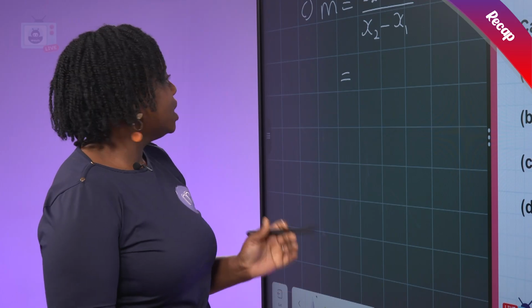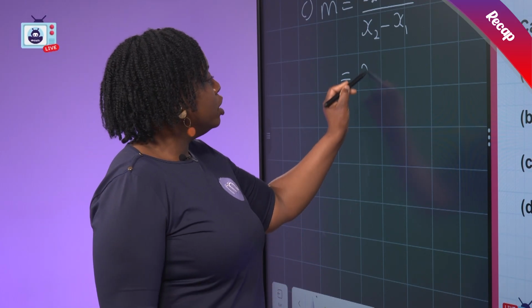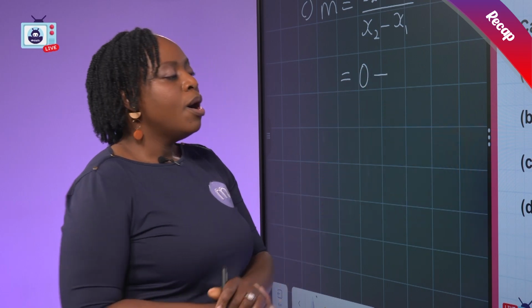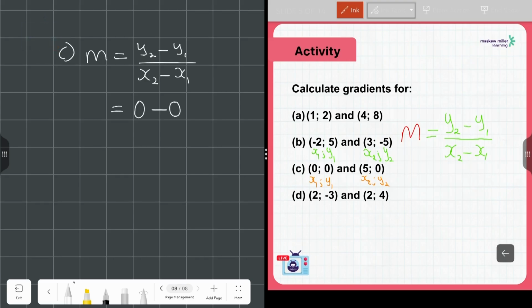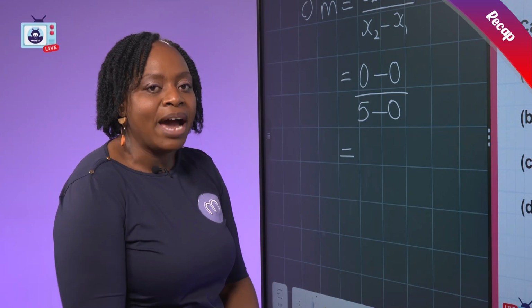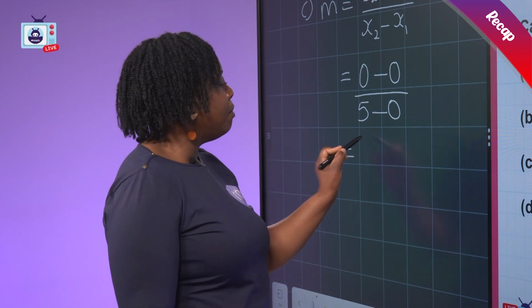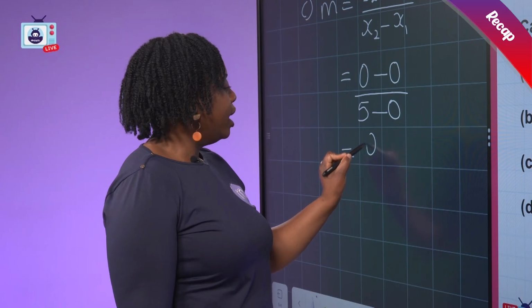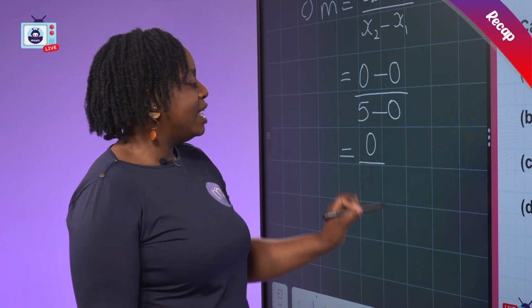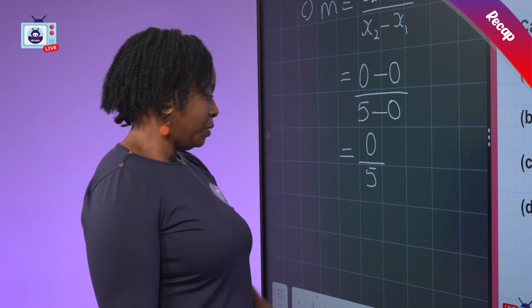Okay, what is my y2? My y2 is 0, and also my y1 is 0, right? What is my x2? My x2 is 5, and my x1 is 0. We still substitute. We don't disregard because we have a 0, because in maths, 0 is part of numbers, so we write it down as a number. 0 minus 0 is 0, and 5 minus 0 is 5.